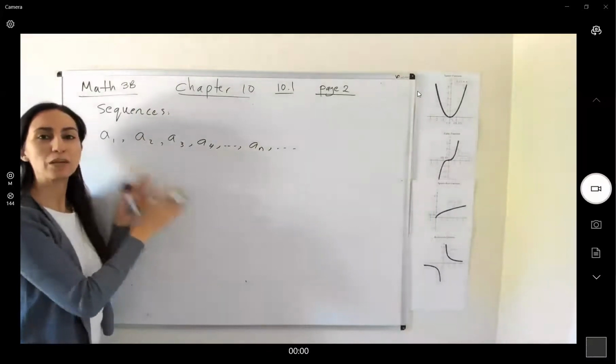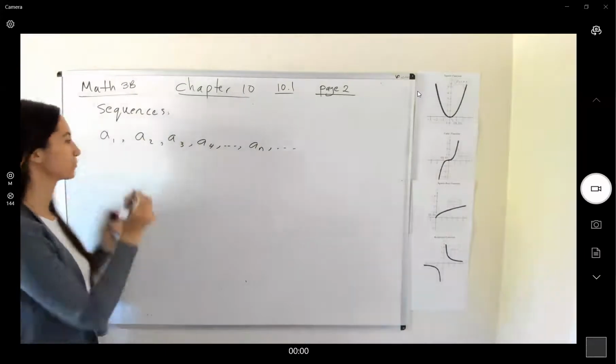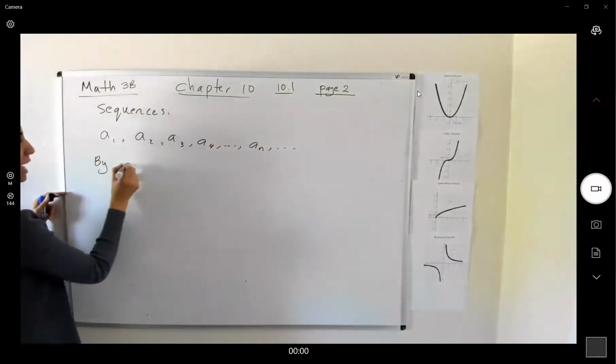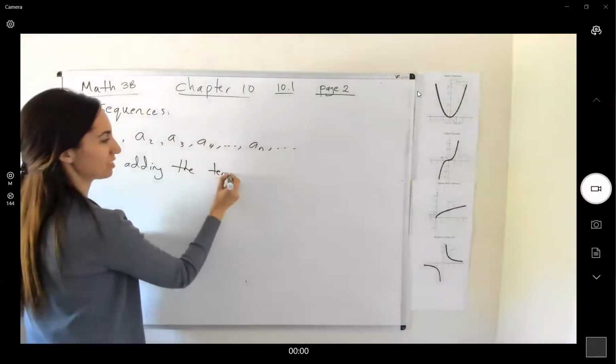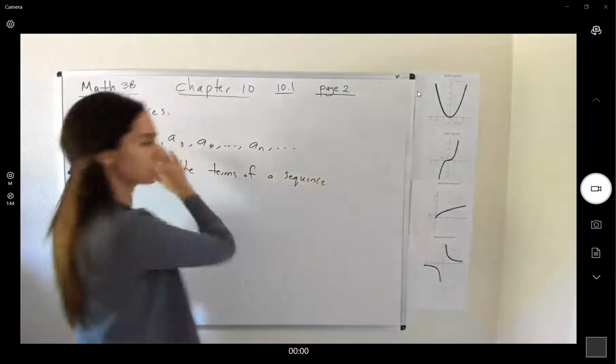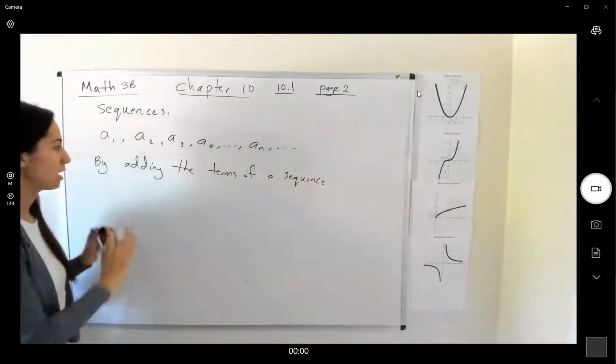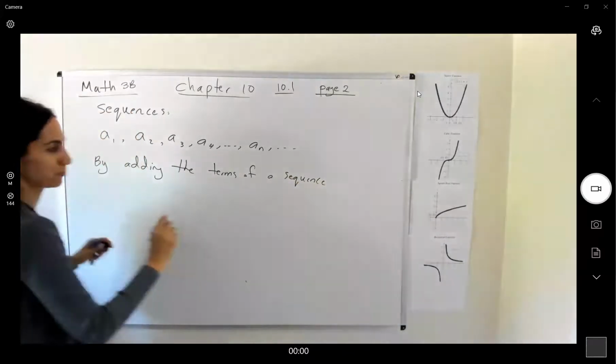We can create something new by adding these terms. So, by adding the terms of a sequence, instead of listing them this way, we're going to take these and add them all together.